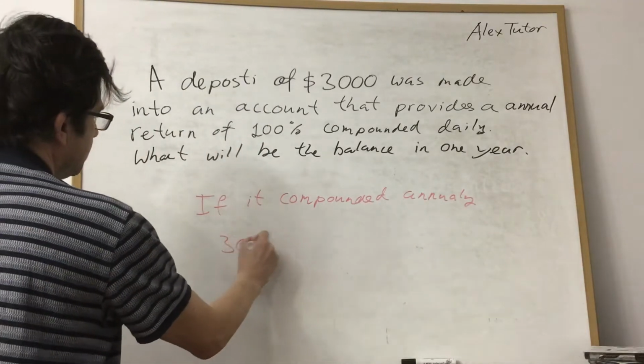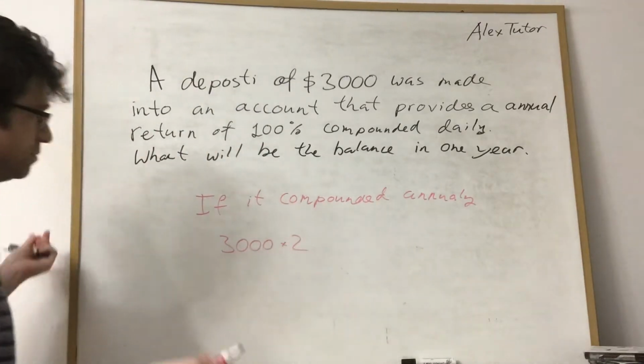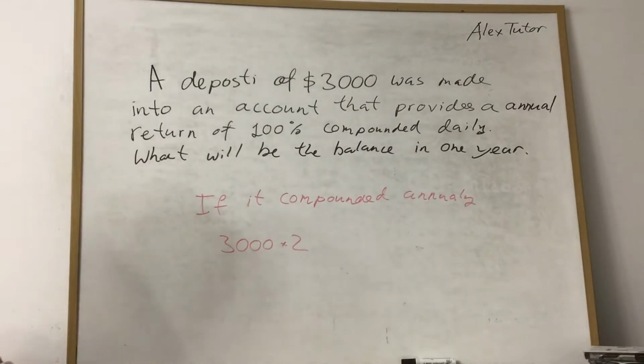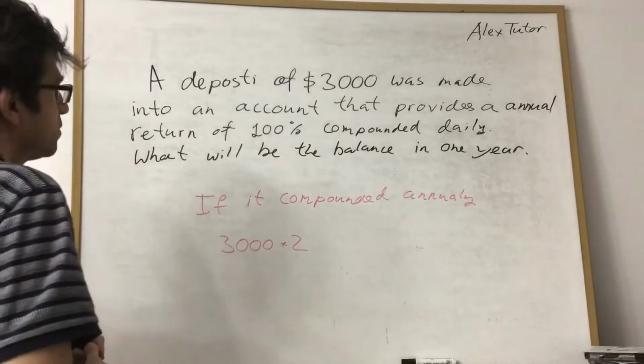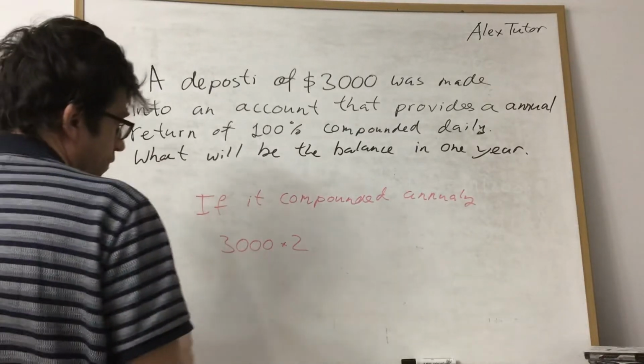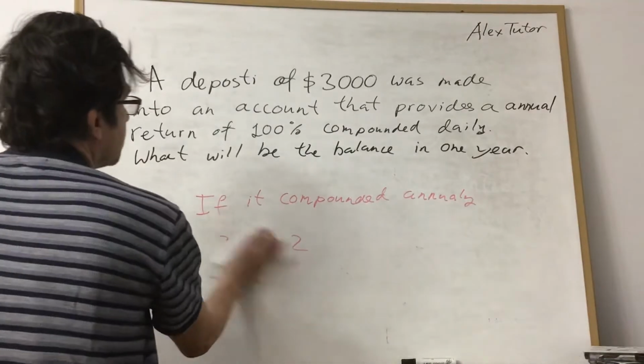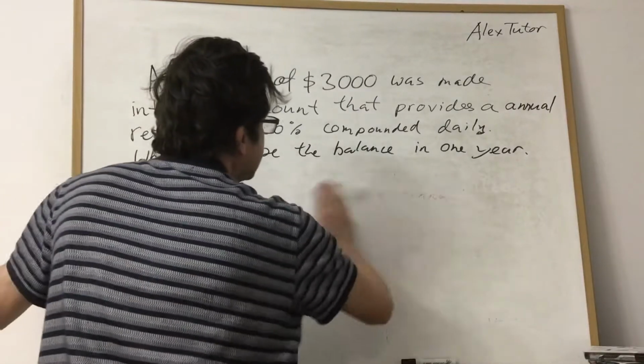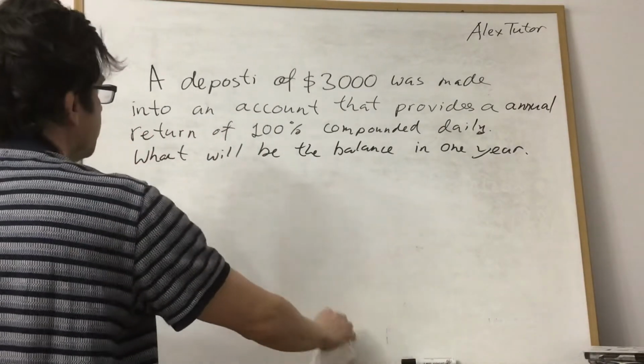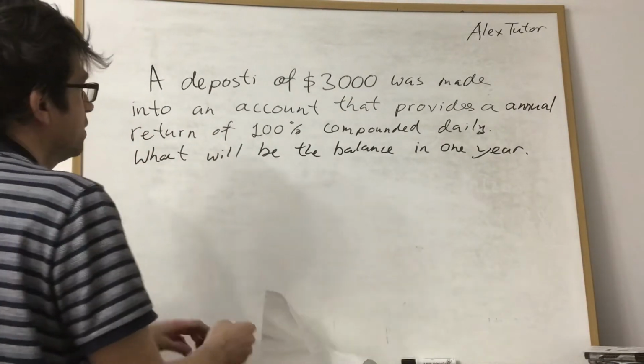It would be just 3,000 times 2. It would give me $6,000. But if it's compounded daily, not annually, then it's different.